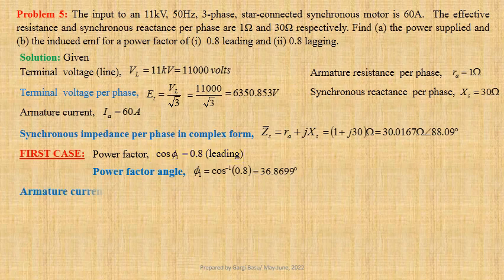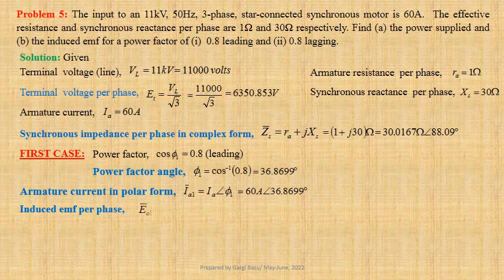Armature current may be written in polar form as Ia1 equals Ia at an angle phi 1, that is 60 ampere at an angle 36.8699 degree.